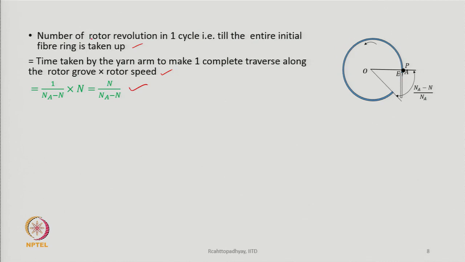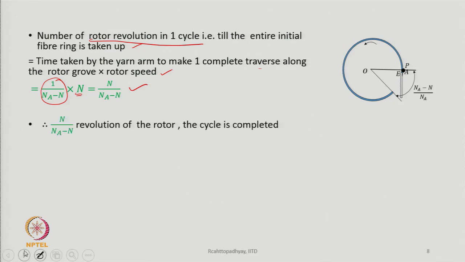So, we call it the rotor revolutions in one cycle, that is, the time taken by the yarn arm to make one complete traverse along the rotor groove, which is going to be this much, multiplied, in this time, by how many revolutions the rotor is going to make, multiplied by n. So, this is the number of revolutions of the rotor in one cycle.